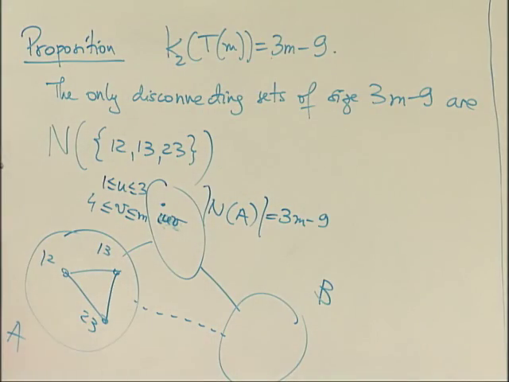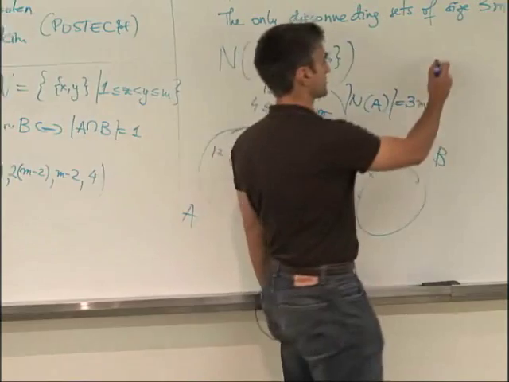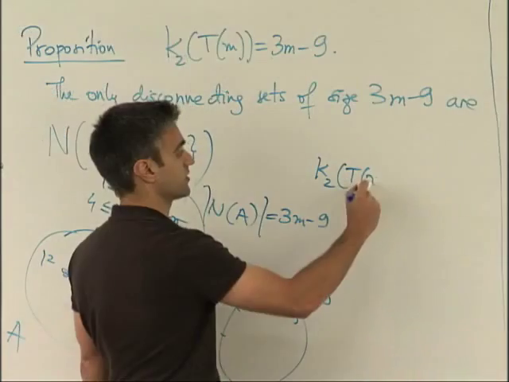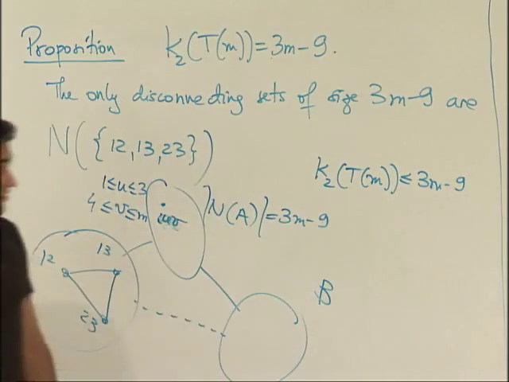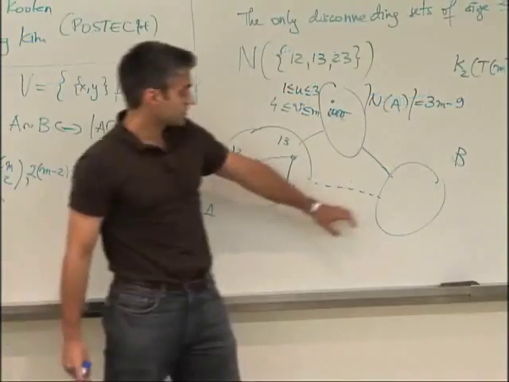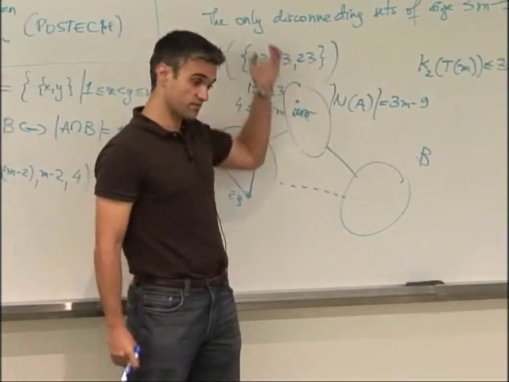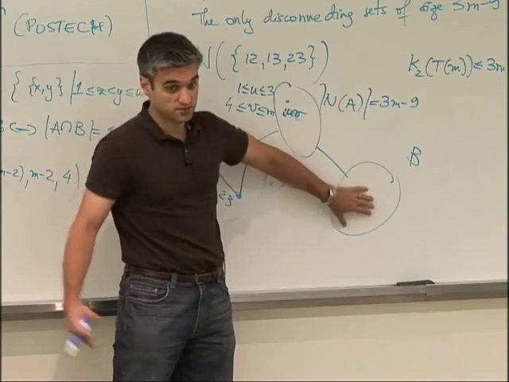That tells you the cardinality of N(A) is 3m minus 9. What I'm proving here is that K2 of Tm is less than or equal to 3m minus 9. In order to show that this is actually a disconnecting set with those properties, you have to show that when I remove this set, I don't end up with singletons here. It might happen.